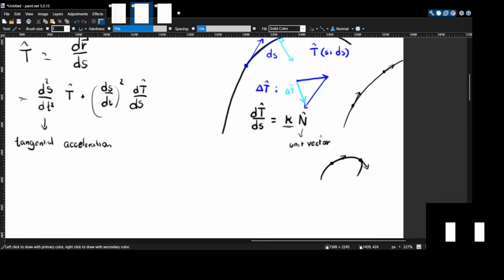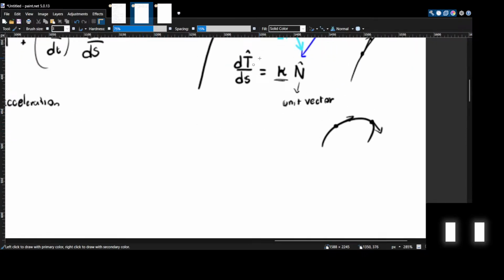So I'm going to change this by changing the derivative into dt by ds, and then we have dt by dt, because this is what Desmos will support. It doesn't support changing it to the arc length. So let's see how we can do that.